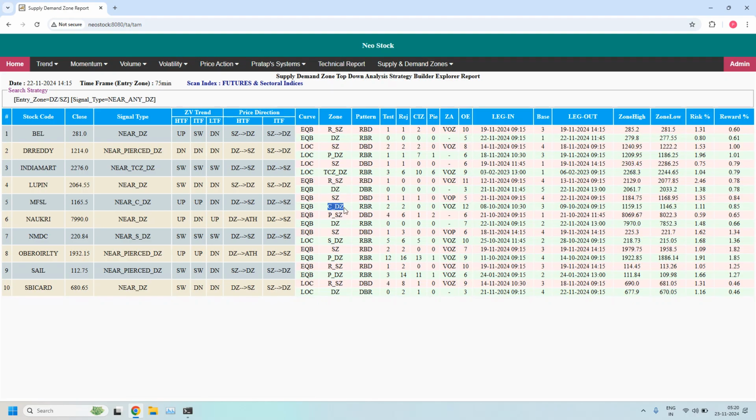MFSL is having a high liquidity 75 minutes demand zone. NMDC is having. That's it, we have only 2 high liquidity 75 minutes demand zones from this list.